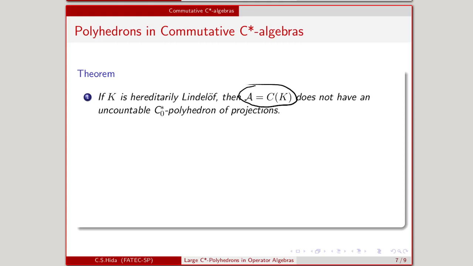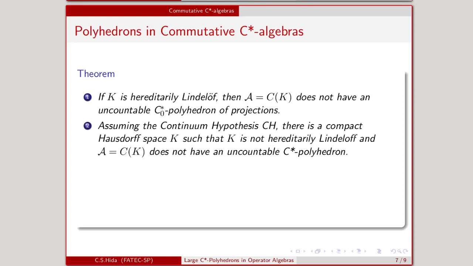We have here a little detail. This zero means that we are actually using the notion of absolutely convex sets, the non-commutative version of this notion, but it's a minor detail. The second result tells that, assuming the continuum hypothesis, there is a non-separable commutative C-star algebra without an uncountable C-star polyhedron.